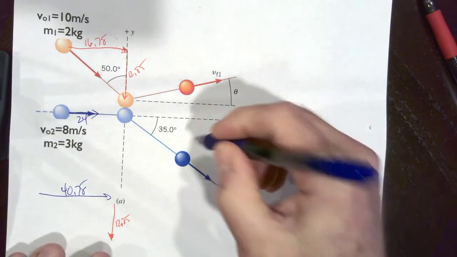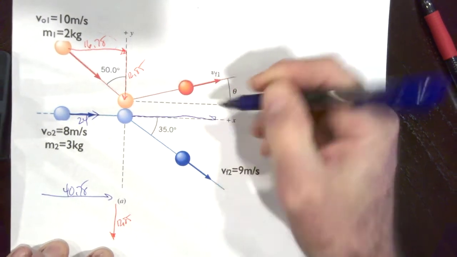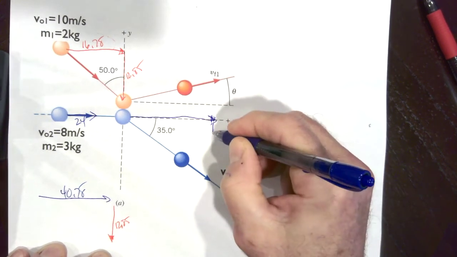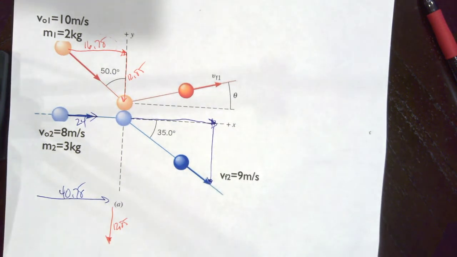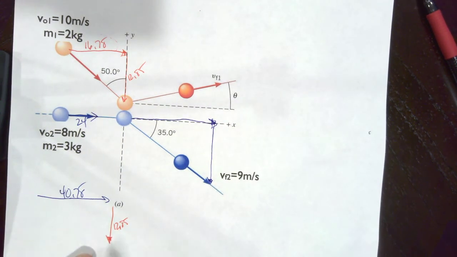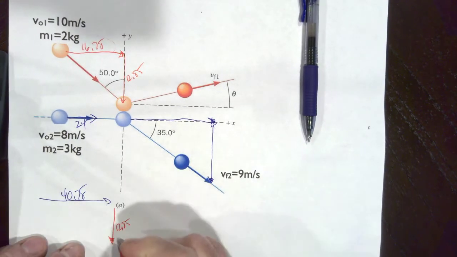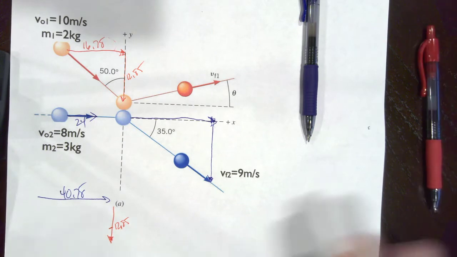I'm going to break this one apart into how much of it functions on my x-axis, positive x, and how much functions on my y-axis. This was down, so I'm going to give this a negative number. Up is positive, so I don't lose track of what's what. I've got to take care of all of our signs right away.